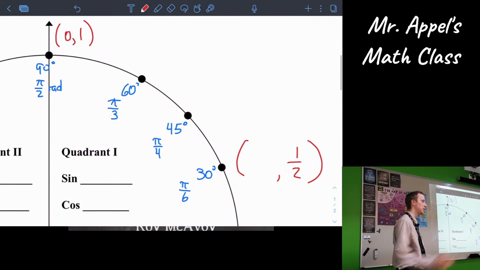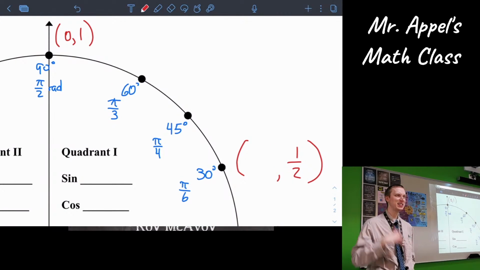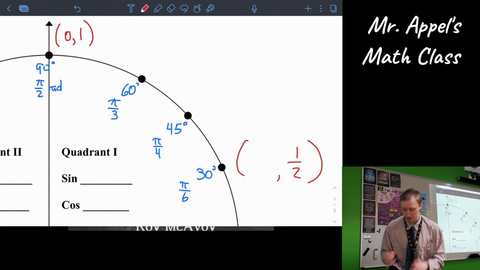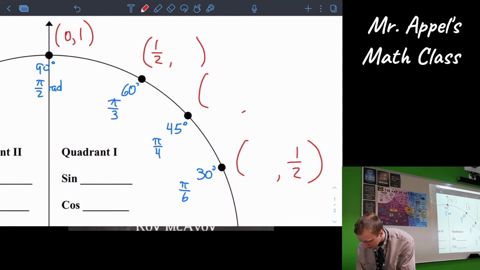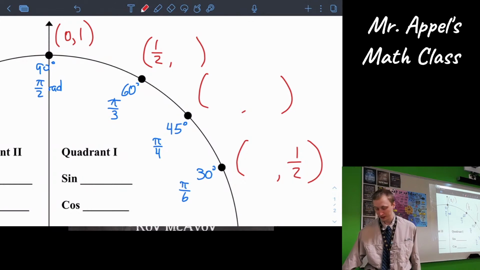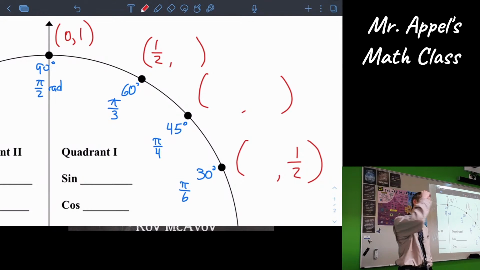Relationally, the 60 degree is the complement, literally complementary within that 30-60-90 triangle. But it's backwards. So the X coordinate on my 60 degree is a half. Yes, this means I could remember that cosine of 60 degrees is a half.